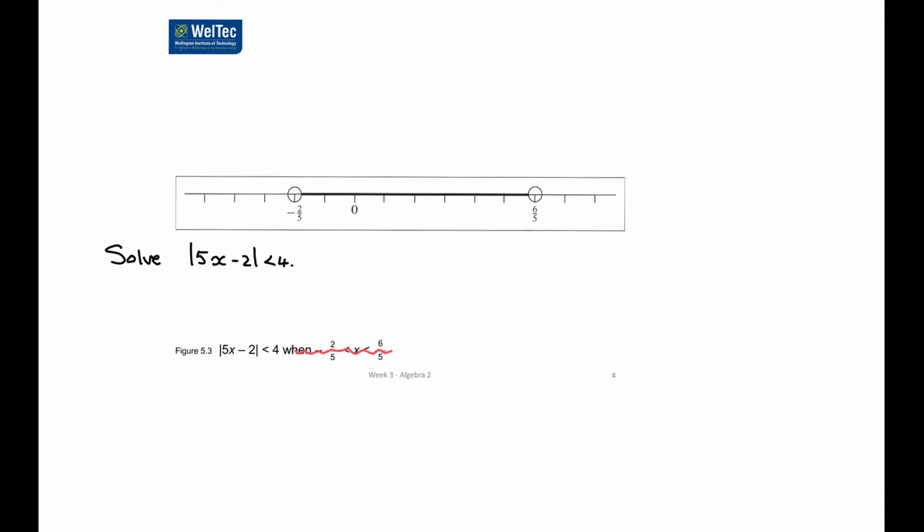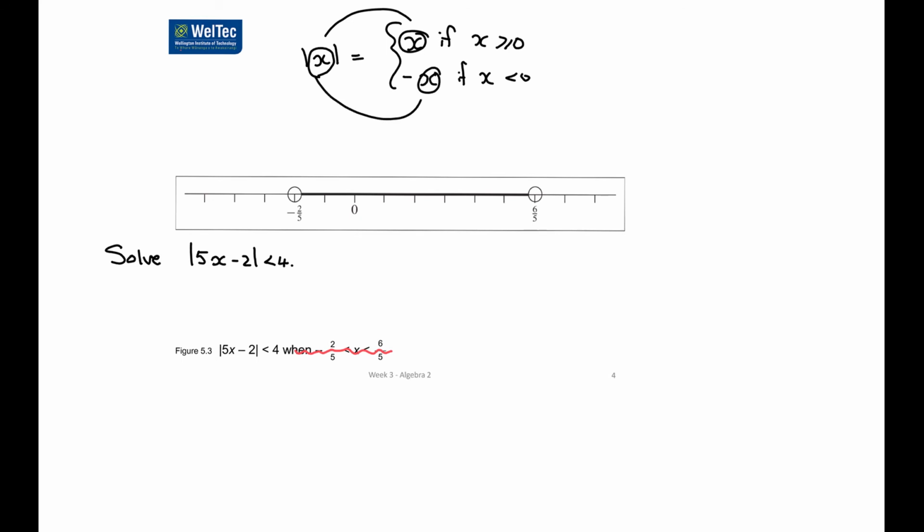Now you remember from the definition that the absolute value of x is equal to x if x is positive, and it's equal to the opposite of x if x is negative. Now it's not just x, it's the bit in between the modulus signs, and the same in here. So it's the opposite of that.